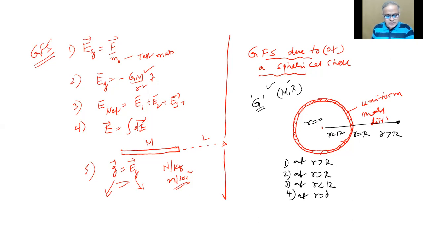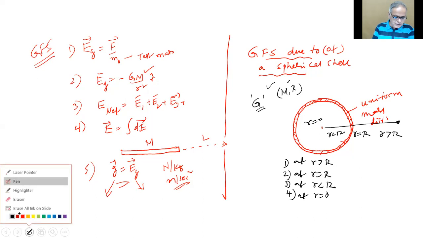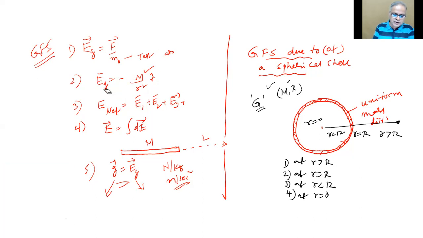I can rub this off because this is anyway getting recorded on the left-hand side. I'll rub this off so that I don't need to draw the figure all over again in the next slide.